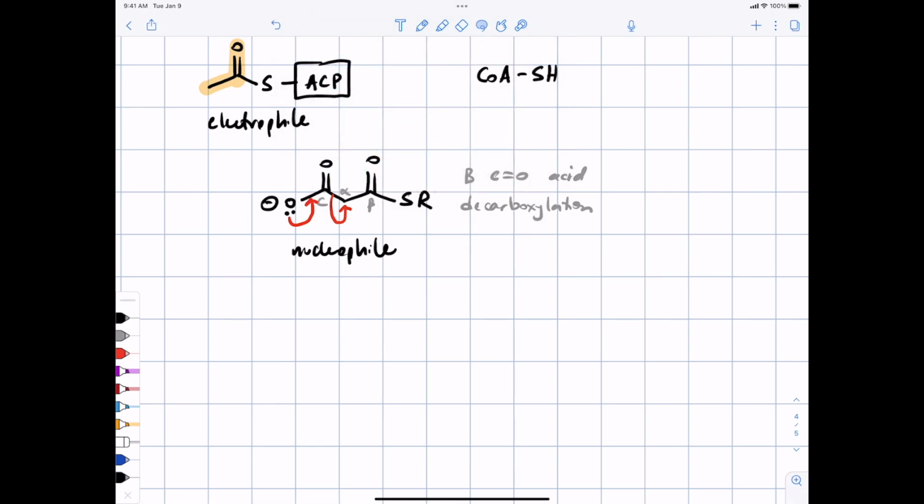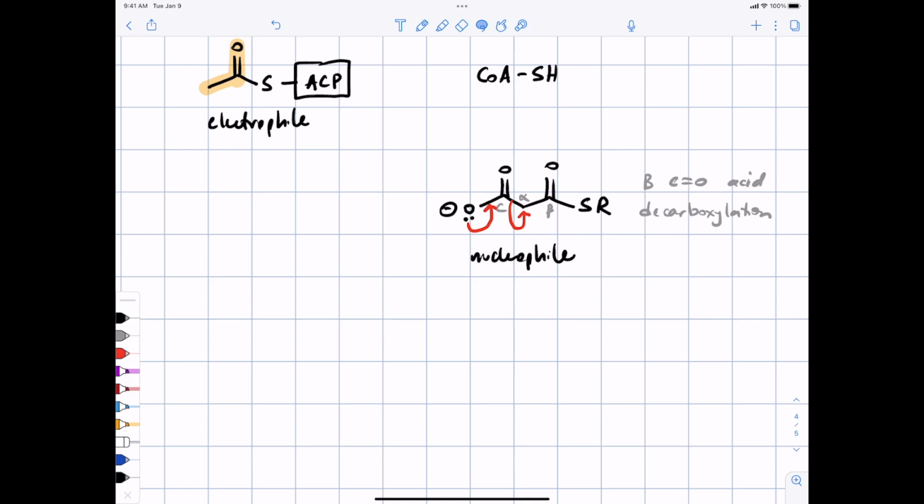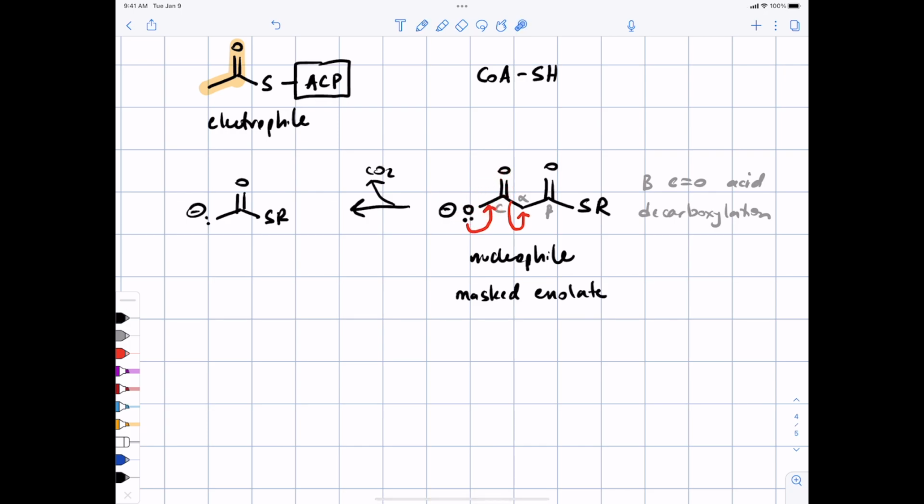So nature actually often uses this beta keto acid as sort of a masked enolate, because as soon as you lose CO2, what you're left with is an enolate. So nature doesn't have to have a base present to make the enolate. It instead just uses the loss of CO2 to generate your enolate.